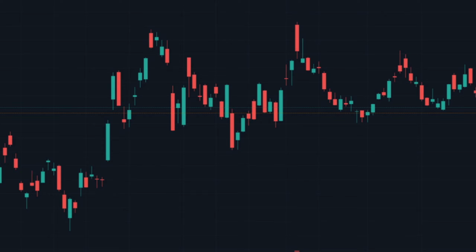Alright, so first of all, we're going to look at Goldman Sachs, and this is the pattern we saw in the beginning of the video, this one right here. Let's take a look at why this is a tweezer bottom pattern. The first criterion is a downtrend prior to the pattern, and that we have. The first candle, the red one here, has a strong red real body, so that's good.